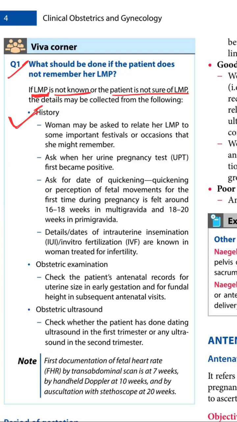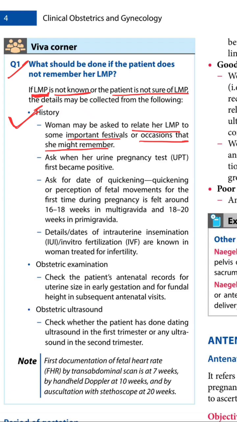The woman may be asked to relate her LMP to some important festivals or occasions that she might remember. For example, her last menstrual period was around Diwali time. So at least with that you get a clue about which month, or which week, her LMP was in.